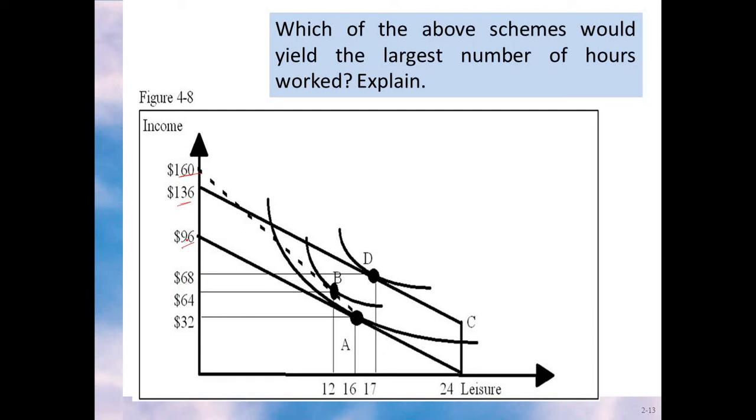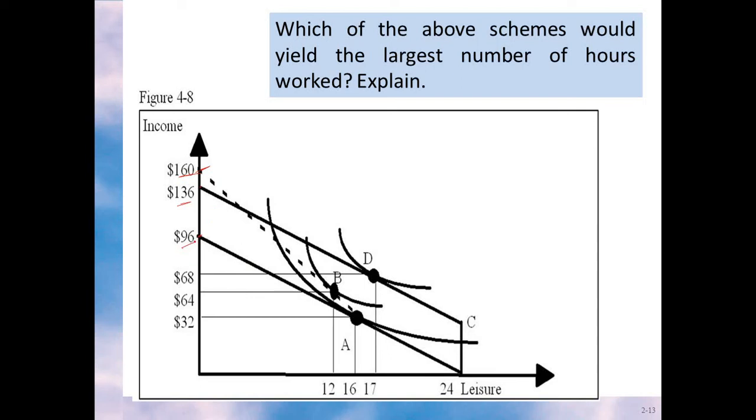So 96 is scheme A just now, the maximum that she can earn. 136 is scheme C, where this worker has a fixed allowance of 40. And 160 is the maximum the worker can get if the company offers a bonus, double the normal pay.